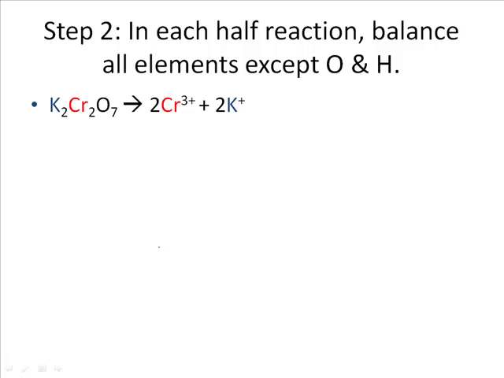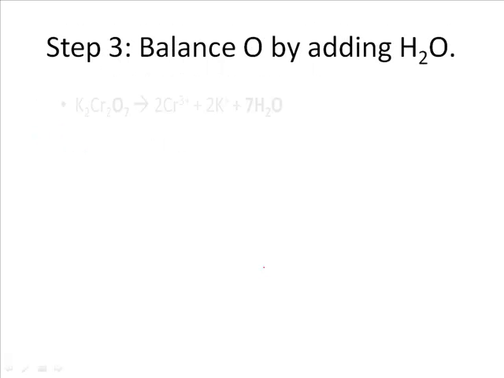All right, so moving on, we take a look at these equations here, and we include everything that's on the reactant side and on the product side for the half reactions. The second step is to balance the number of O's by adding H2O's. So I have 7 oxygens on one side and I need 7 H2O's.